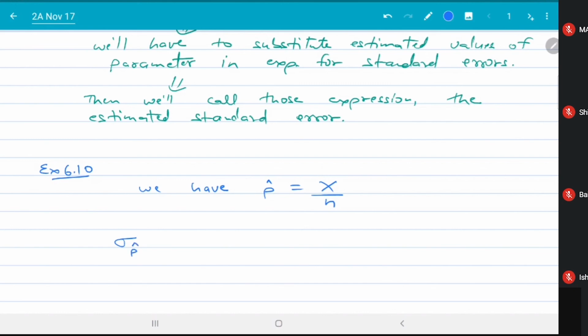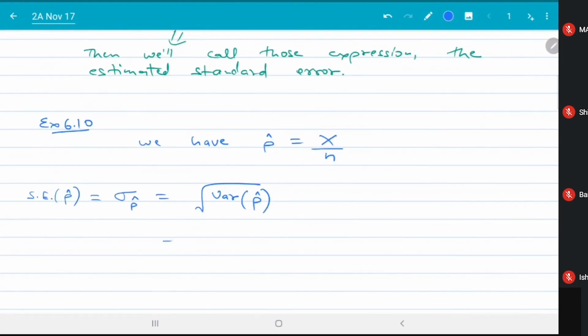Now this is the standard error of the estimator denoted by this. This is the square root of the variance of the estimator.